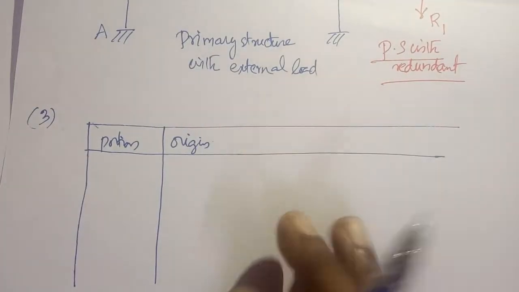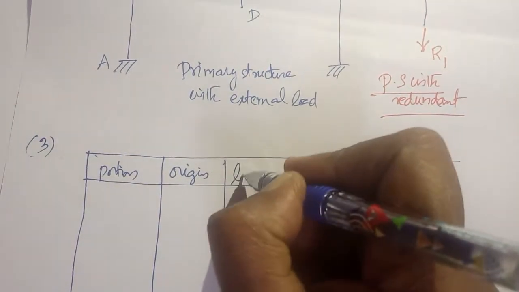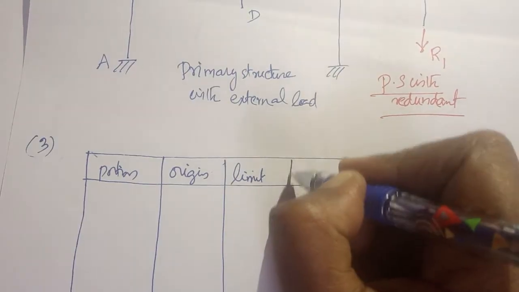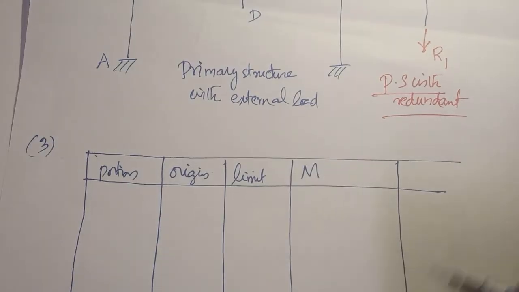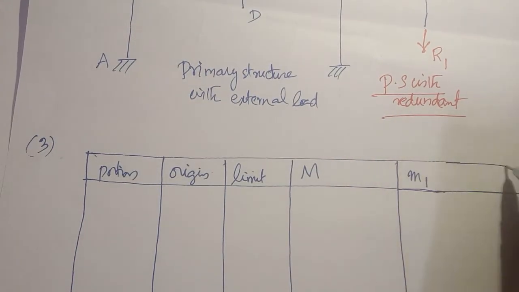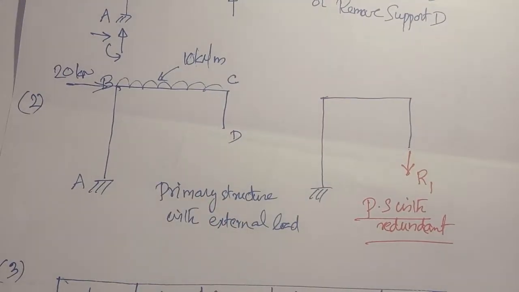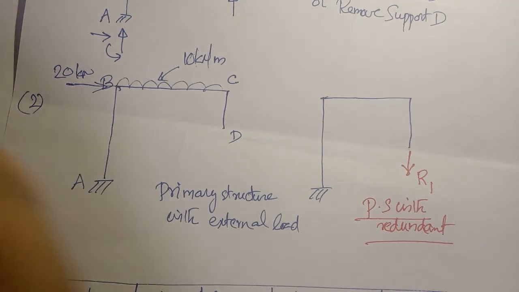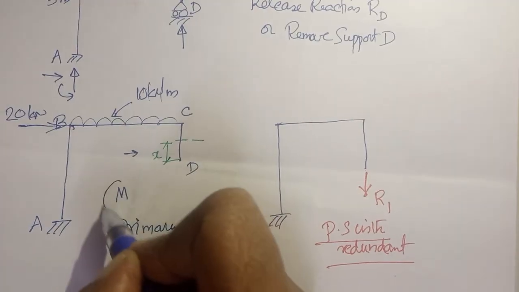For each, the origin, the limit, the expression for bending moment due to external load, and the expression for bending moment due to redundant, M1. So refer to this figure. Let me consider a section at a distance X from D. So this is M diagram.